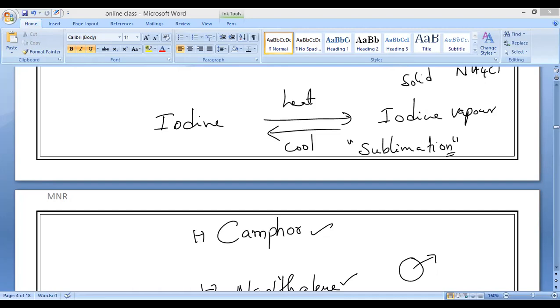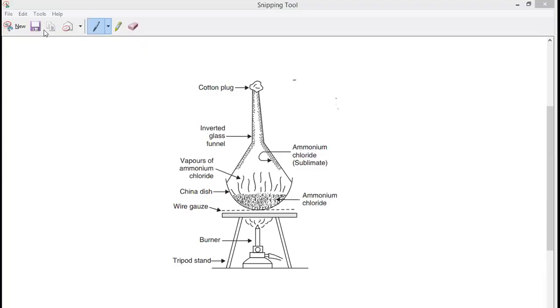Now, can you see my screen? Please respond. Now observe this experiment, you also have to draw it. Of course, we will study it in the second chapter also, but here also today. This U-shaped one, what is the name? We call it a China dish.